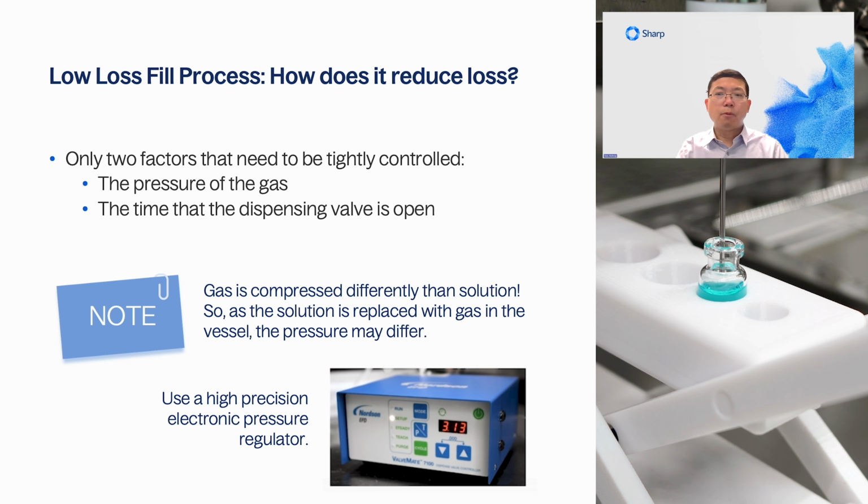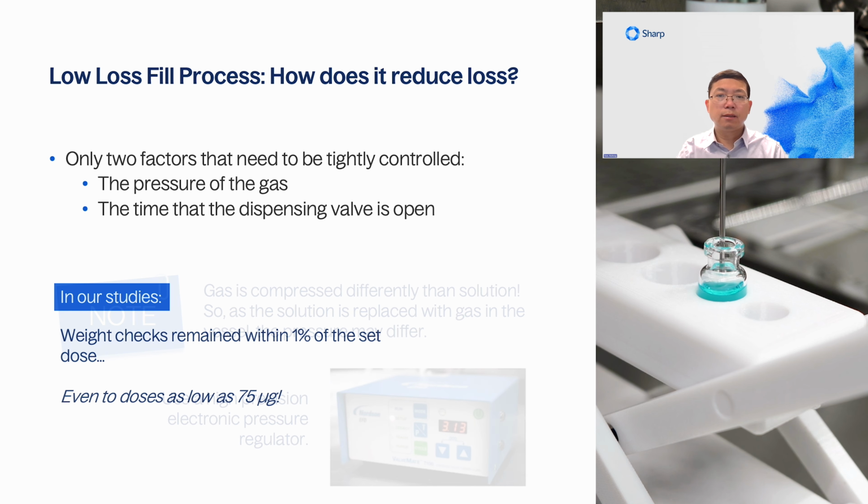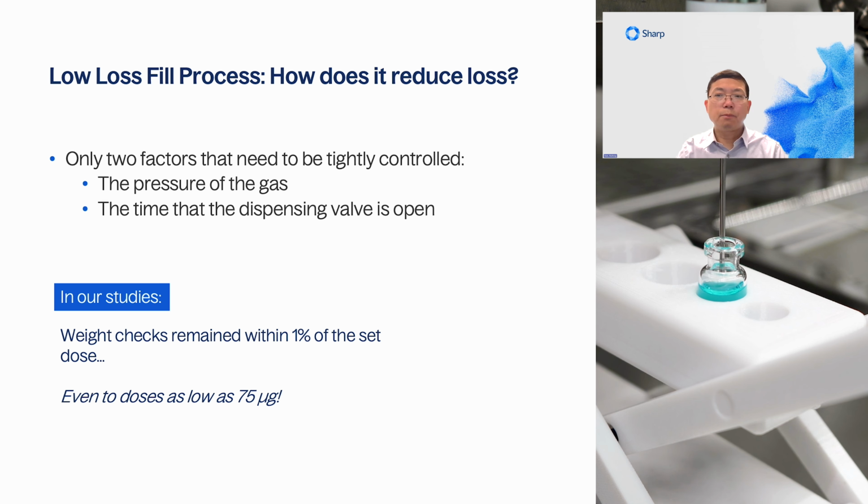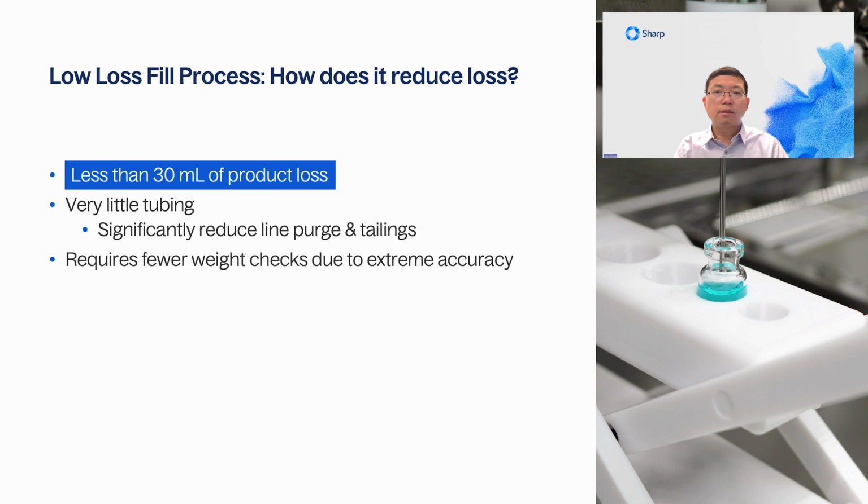In our studies, however, we found that both the pressure and the time were well controlled, and our weight checks remained within 1% of the set dose. This was demonstrated at doses even as low as 75 micrograms.